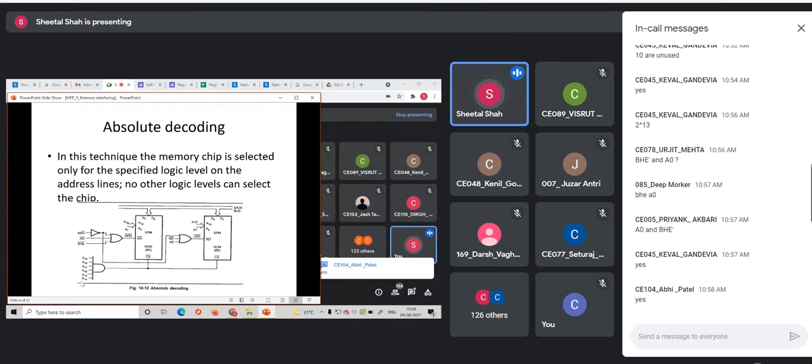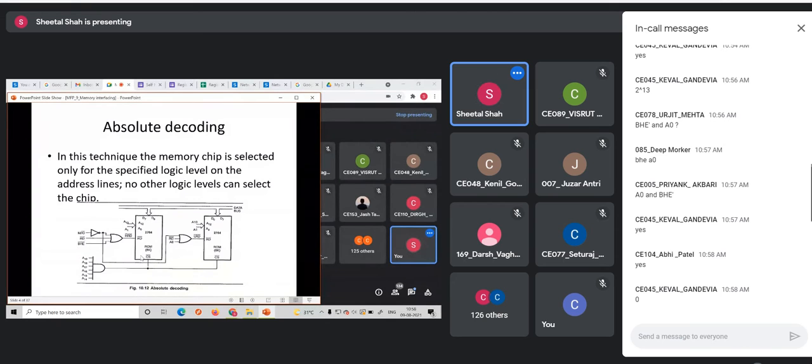If they are 1, the output of this NAND gate should be 0. And since we are having the CS bar pin, these ICs would be enabled only if the input to the chip select is made 0.